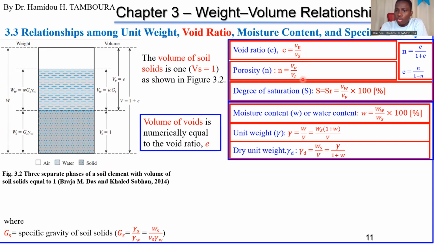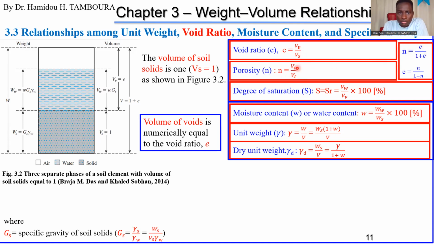Okay, if you go with N, no need to go with that also, because you will obtain, if you do VV, you will obtain this, exactly this.